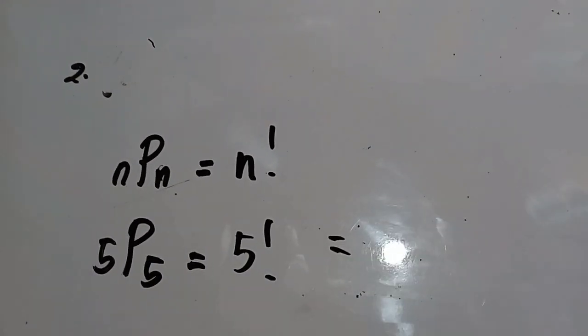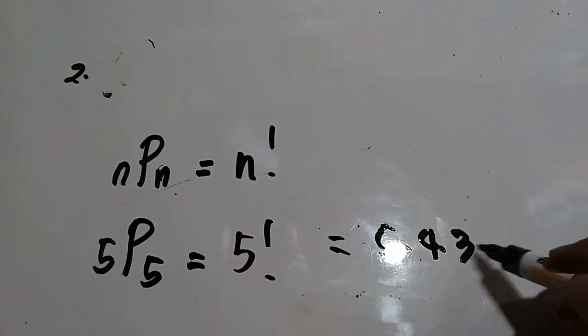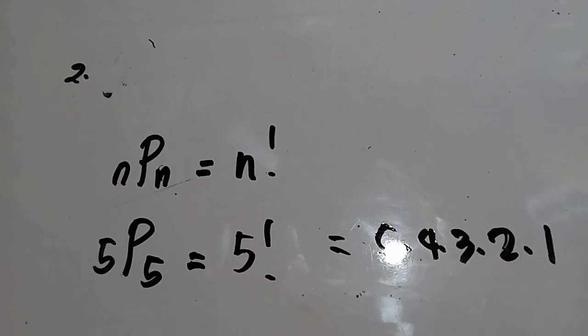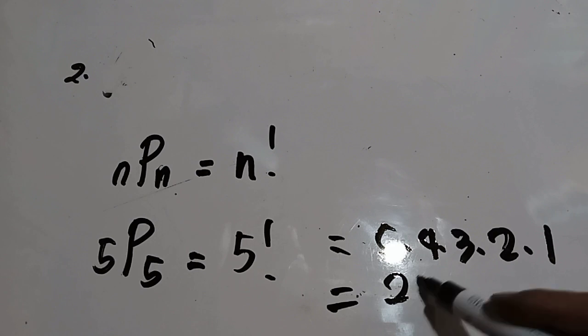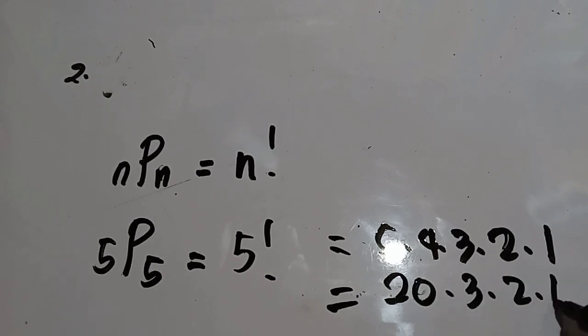Okay, now so i-add natin, i-compute natin. So magiging until how many seats? We have 5 times 4 times 3 times 2 times 1. Kuha. Next, multiply natin. 5 times 4, that is 20, times 3 times 2 times 1.